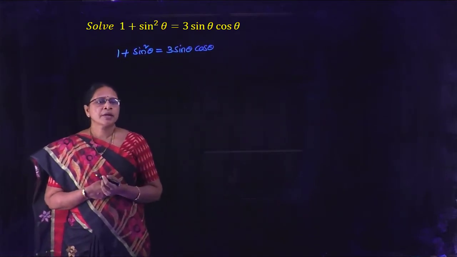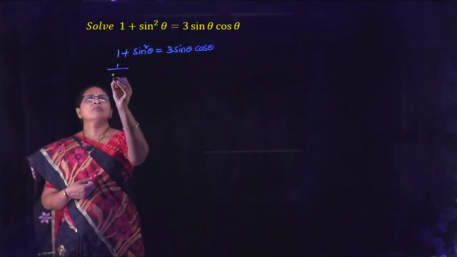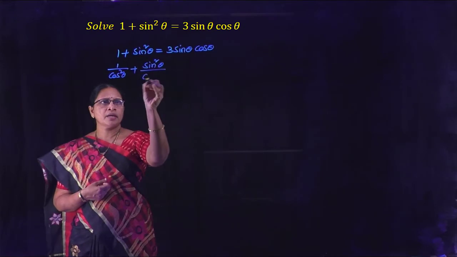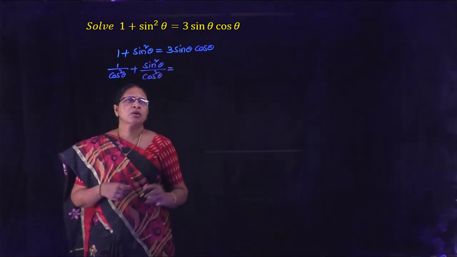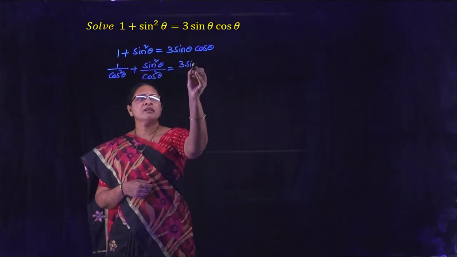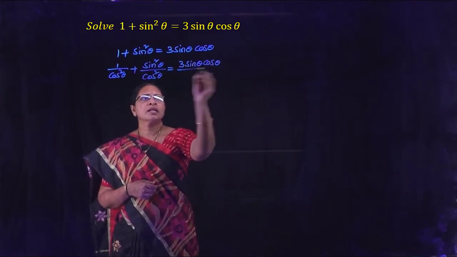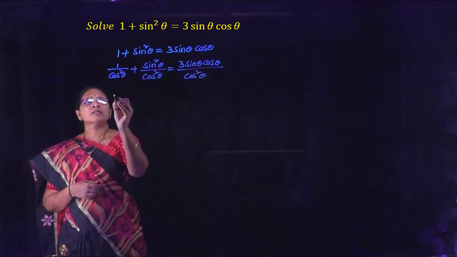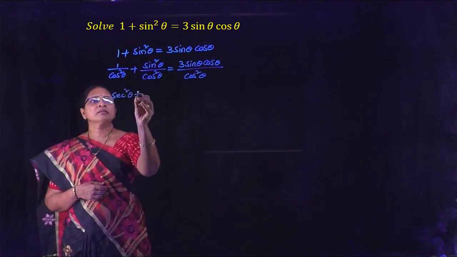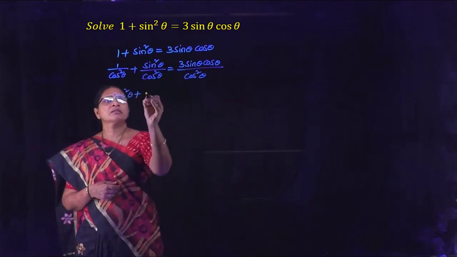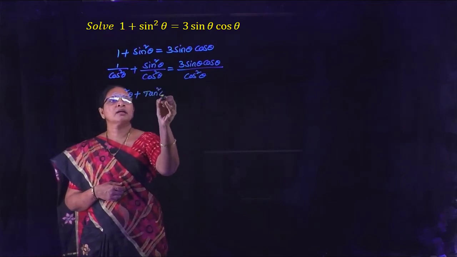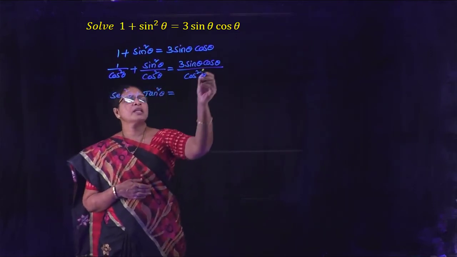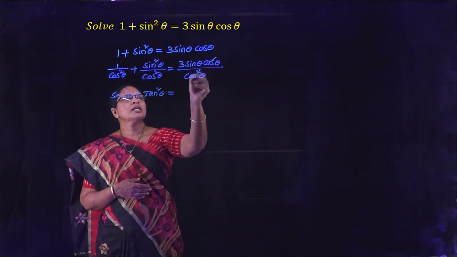Dividing both sides by cos square theta, we get 1 by cos square theta plus sin square theta by cos square theta is equal to 3 sin theta cos theta by cos square theta. Here 1 cos theta cancels.